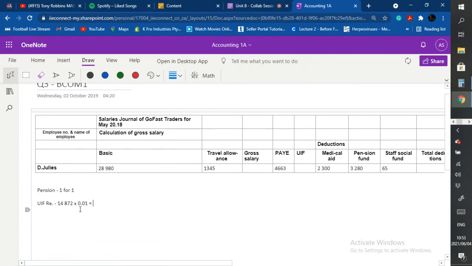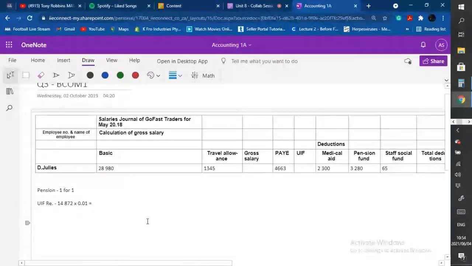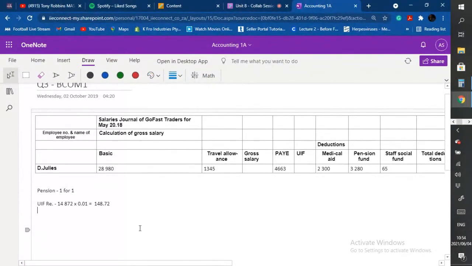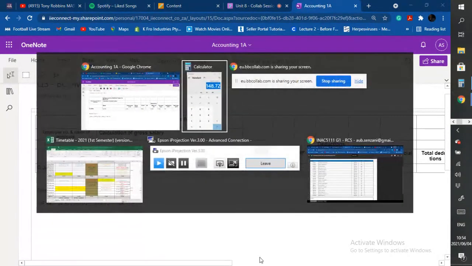Awesome stuff. So let's quickly calculate what that equals. 14,872 times 0.01. We actually just calculated this amount in the last exercise. And again, we know that there's also the employer's contribution, so we can just say plus the very same amount. So let's see, what does that give us?